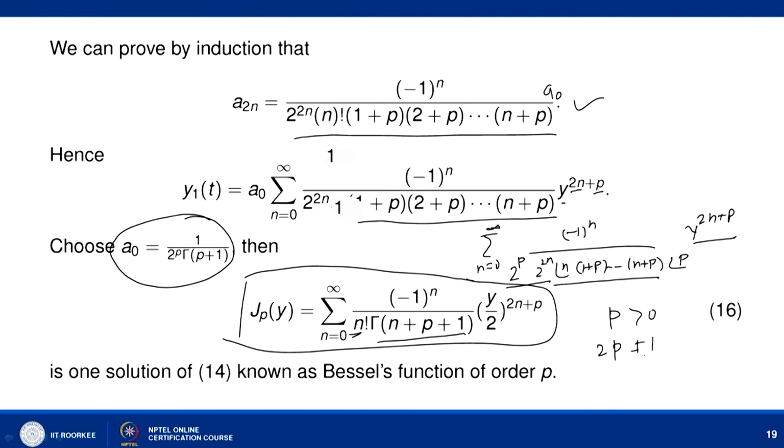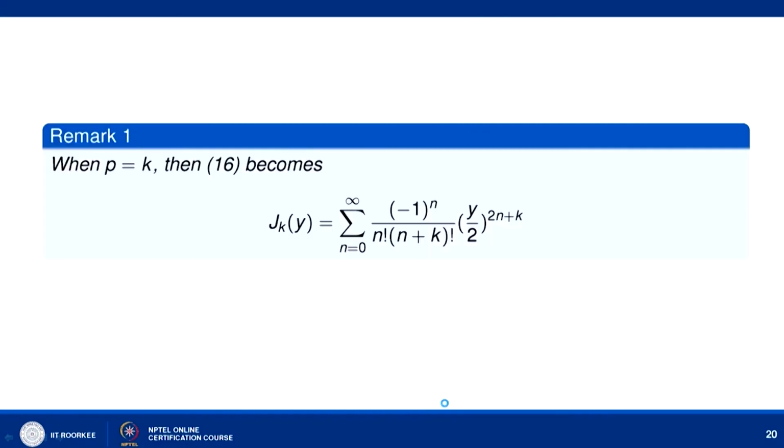So, this expression is valid for any p, whether it is integer or non-integer, but if p is an integer, then this gamma(n + p + 1) is reduced to factorial (n + p), that is what is written here. So, this is the expression of Bessel's function of order k.